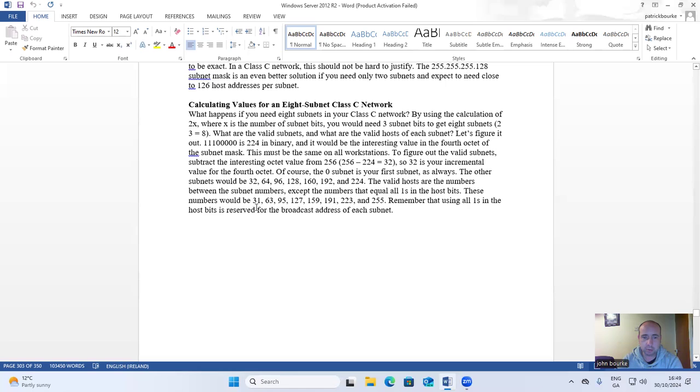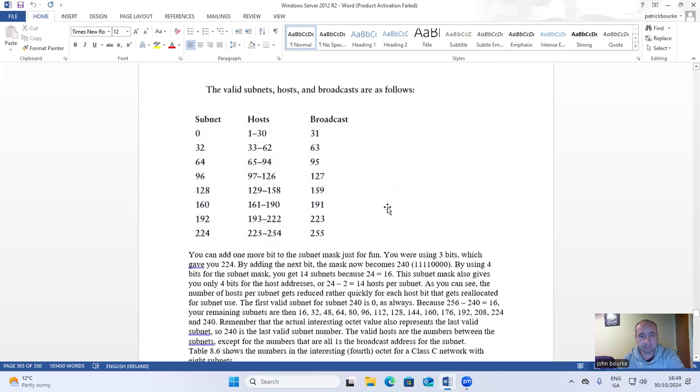These numbers will be 31, 63, 95, 127, 159, 191, 223, and 255. Remember that using all ones in the host bits is reserved for the broadcast address of each subnet.